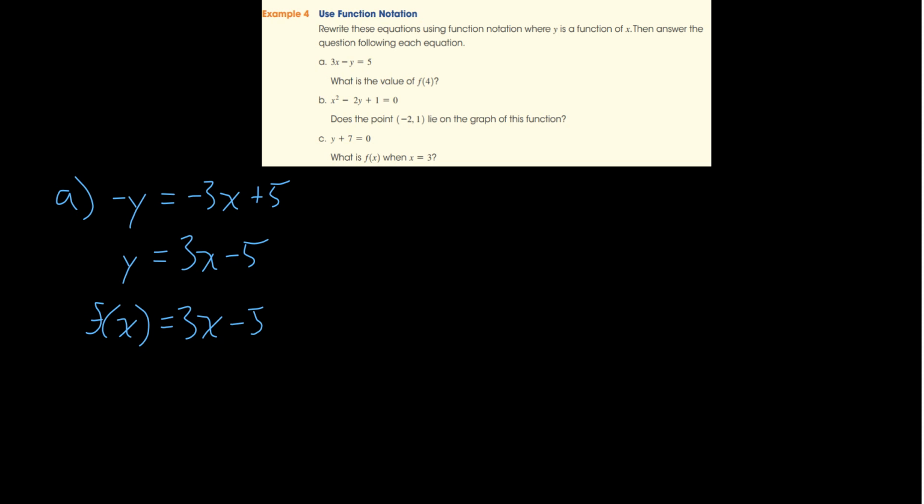So then the second part: what is the value of f of 4? Okay, so what am I going to do here? Well, I'm going to evaluate this function at 4.